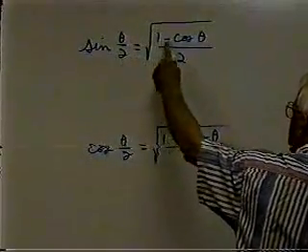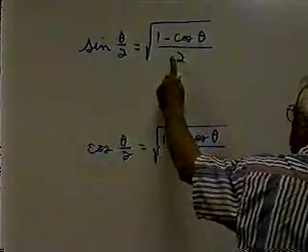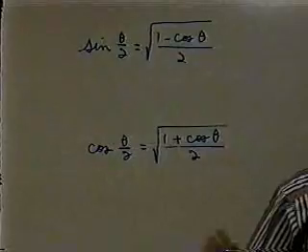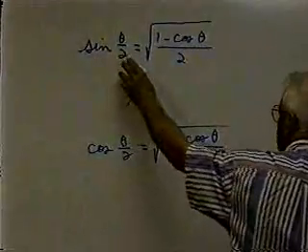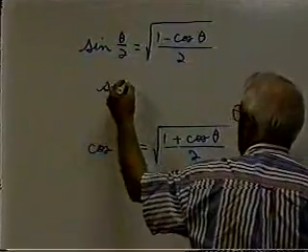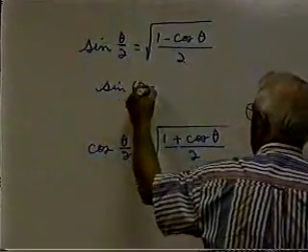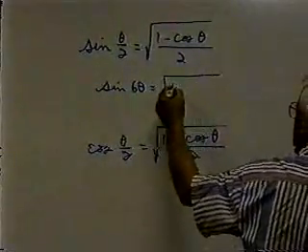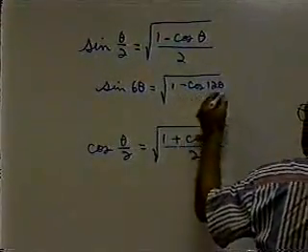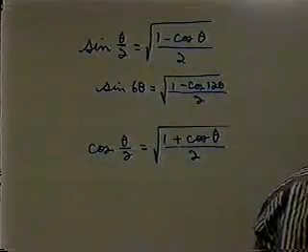Sine is square root of 1 minus cosine over 2. Cosine is square root of 1 plus cosine over 2. Memorize it that way. Now, what this is saying is that the sine of 6 theta is the square root of 1 minus the cosine of 12 theta over 2.